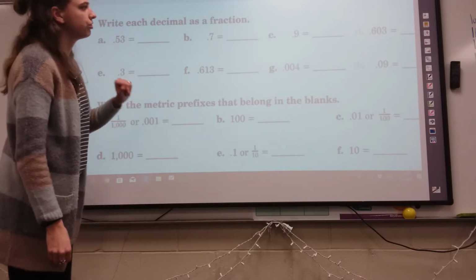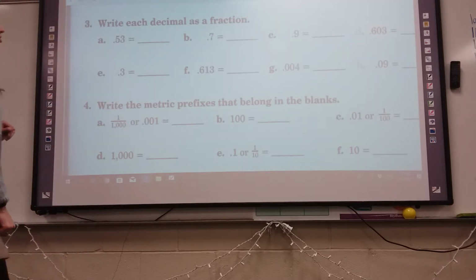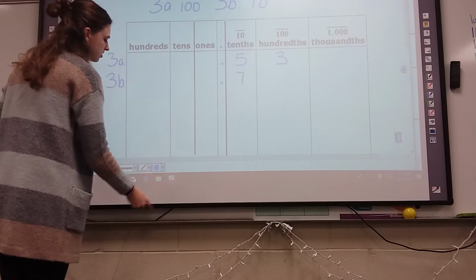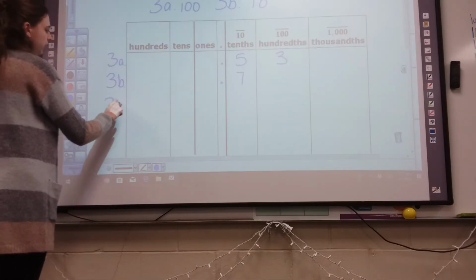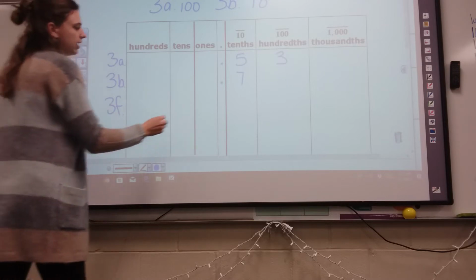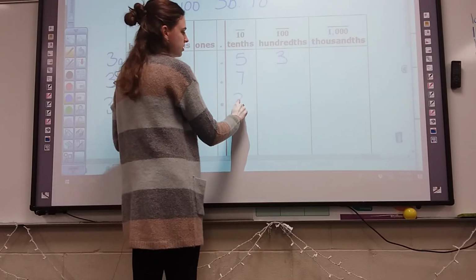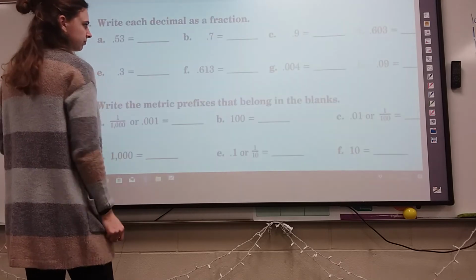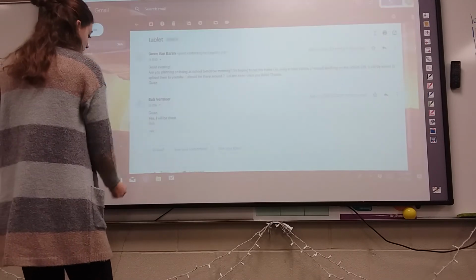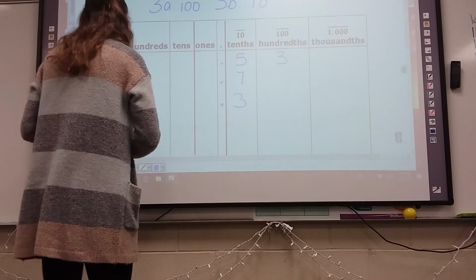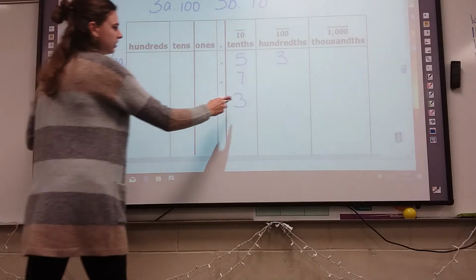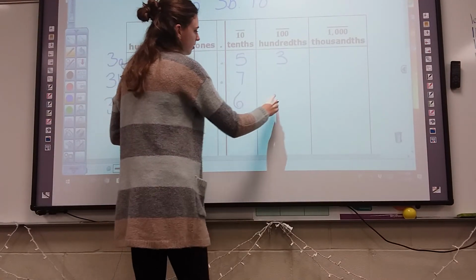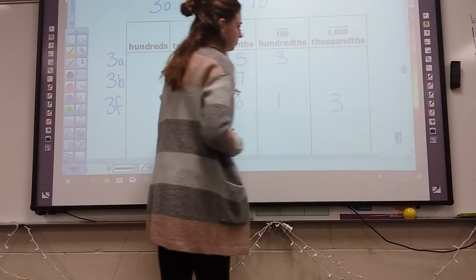We're not going to do 3c together. We're going to skip down to 3f. 3f, it says 0.613. Hey, don't get that one confused. Please don't put this for 3c. 0.613, good thing I checked. Oh boy, that was the wrong thing. 0.613.